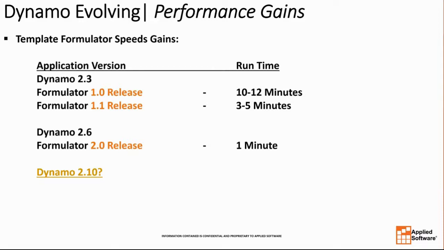And in fact, that template formulator that I built, when I built the first release, it took 10 to 12 minutes to run because it was just doing so much, right? It was spinning up views, it was importing stuff. There was a lot happening, and it took a long time, and it felt like it was too long.